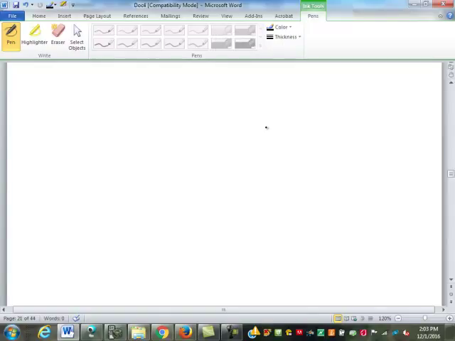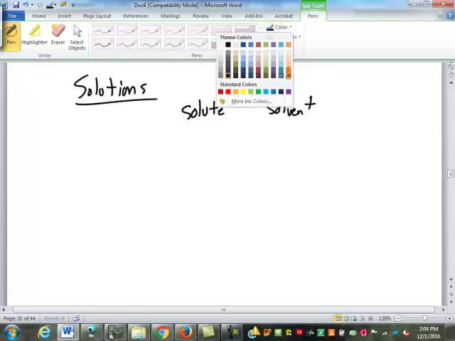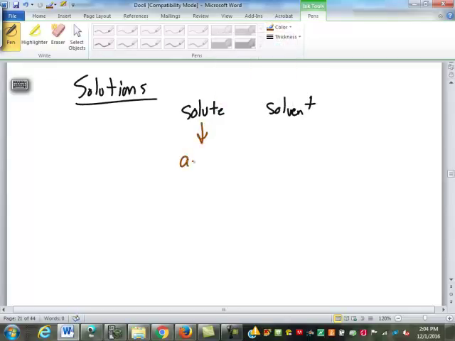Okay. So, our next step, we're going to look at mixtures. I'm going to actually talk about solutions. A solution is made up of 2 parts, a solute and a solvent. Most often, the solute is the active ingredient.